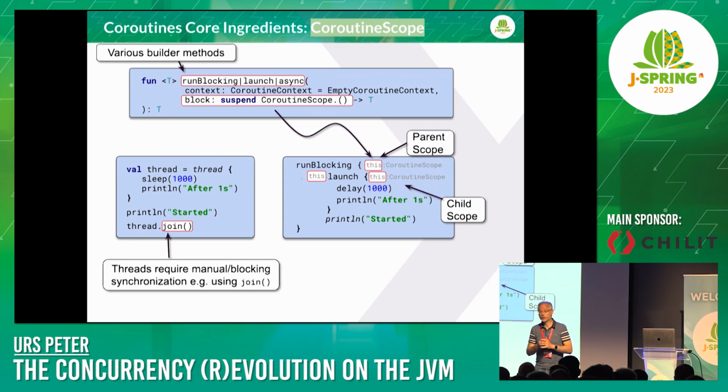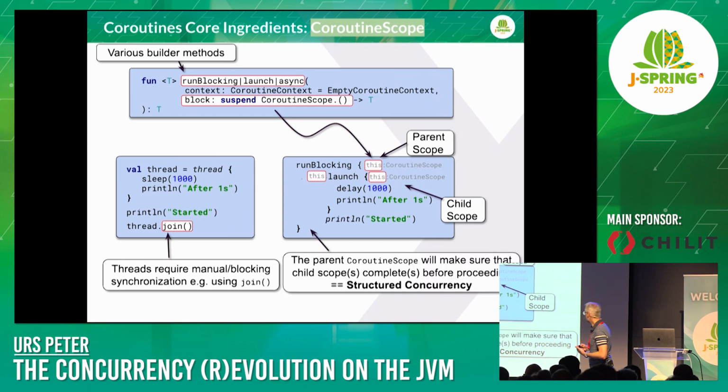Well, the parent scopes, they supervise the completion of the child scopes, no matter how deep I nest my process trees. So this scope will always supervise all the child scopes and not exit the program before they're all completed. That's what they do. And that's a beautiful and very powerful concept called structured concurrency. You might have heard this term.